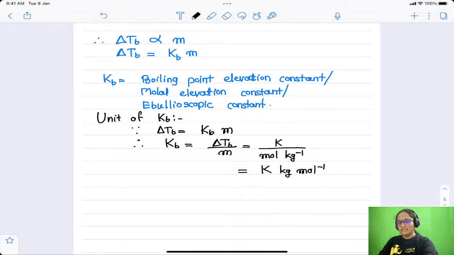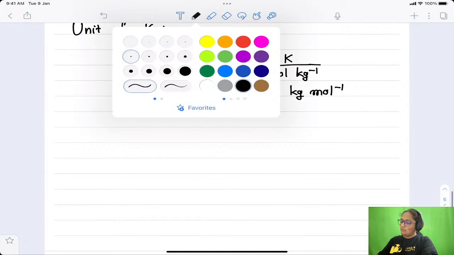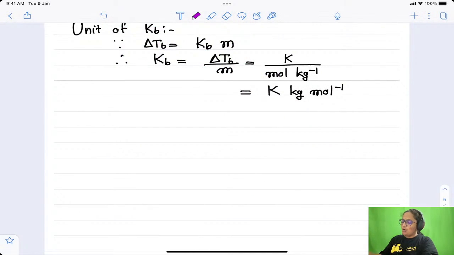Now let us see the use of this delta TB for finding out the molar mass of an unknown solid. There should be use of every concept which we are learning, there should be use of it in day-to-day life.